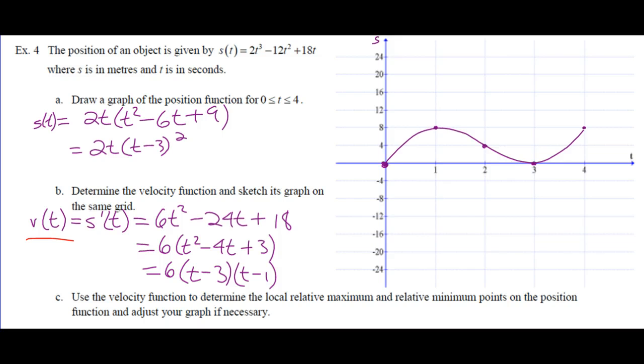So at time 0, what do we get? 18? This is the easy place to put 0. 18. And at time 1, well, we put a 1 in there, so we're going to get a 0 at 1. And we got a 0 at 3. And 2. So 2 minus 1 is 1, 2 minus 3 is negative 1, so negative 6 at 2.